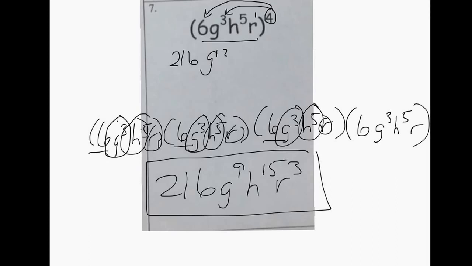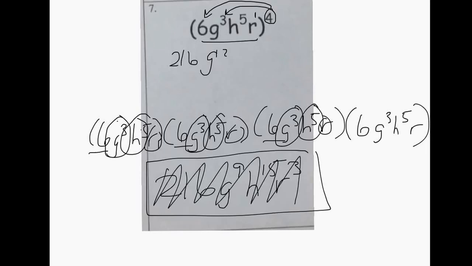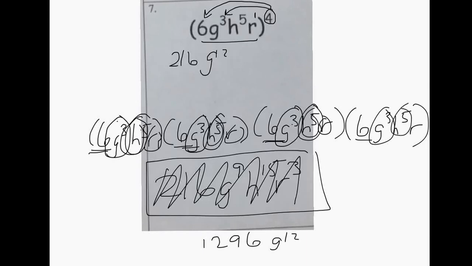Let me erase this because this will not be right. It's 6 times 6 times 6 times 6, which is 1296. Then it's G: 3, 6, 9, 12, G to the 12th; 5, 10, 15, 20, H to the 20th; R: 1, 2, 3, 4, R to the 4th.